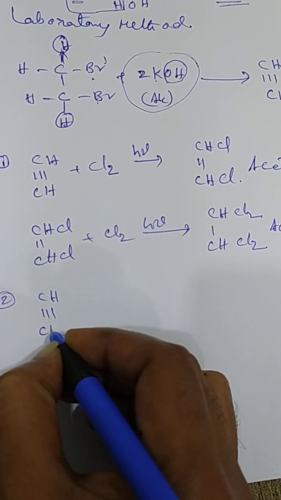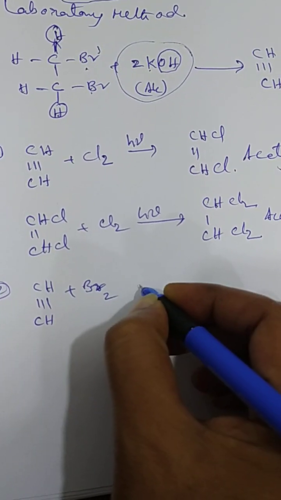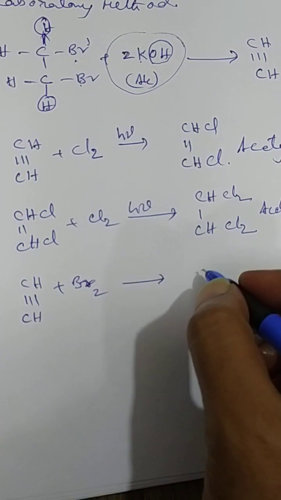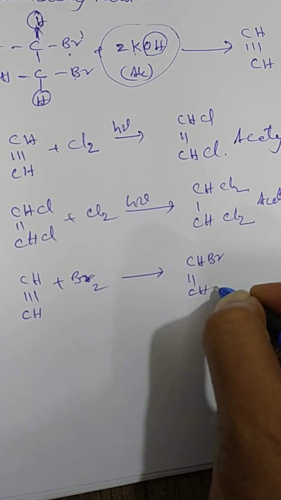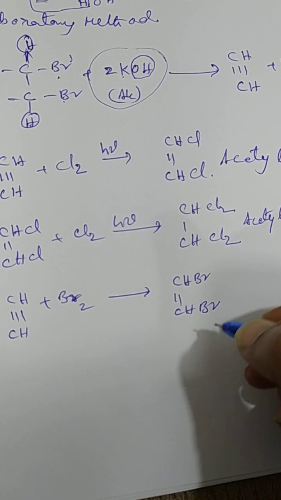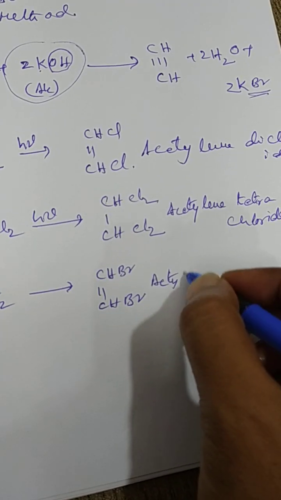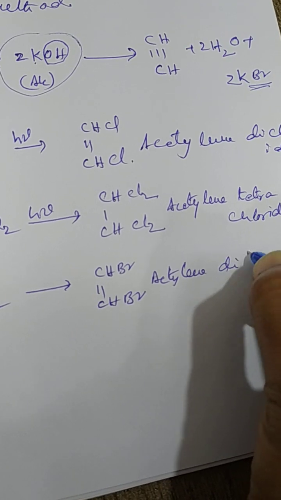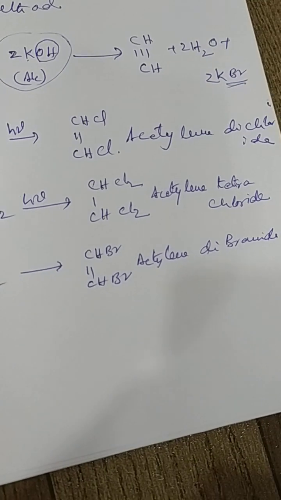Br2 reacts to give CHBr double bond CHBr, acetylene dibromide.